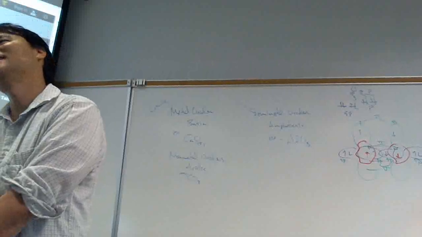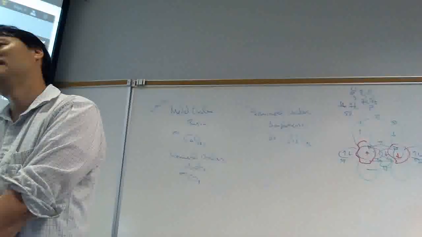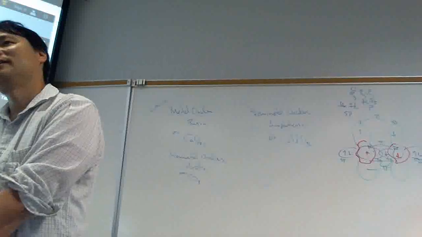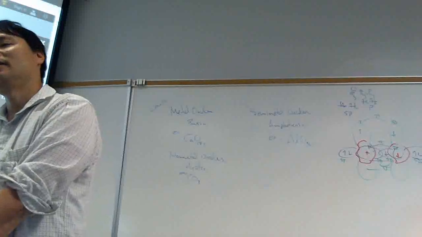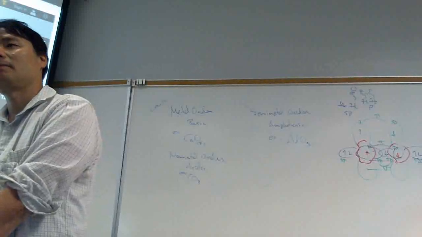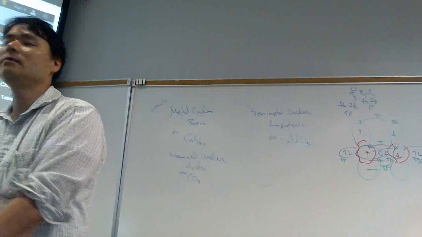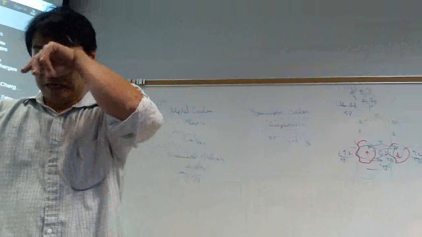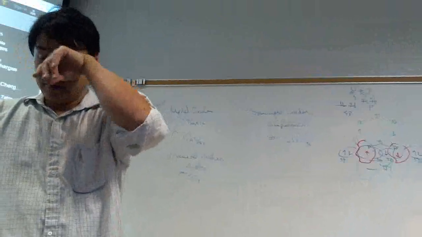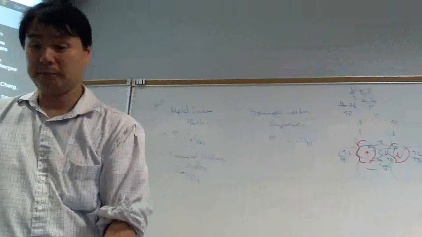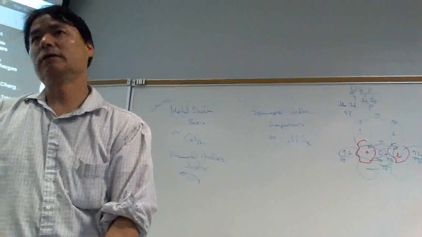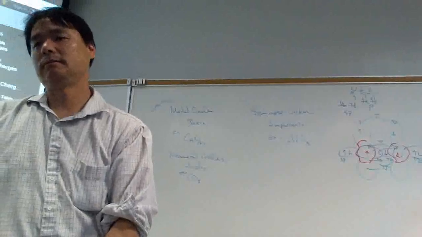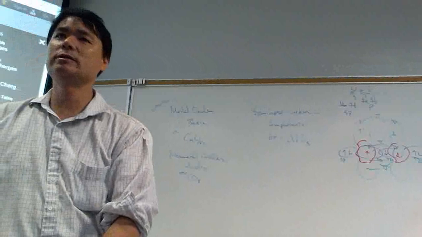Sigma star is antibonding. What about sigma versus pi? It's the same thing with valence bond theory. What's better, sigma or pi electron density? Sigma. Why is sigma better electron density than pi? Internuclear axis. Yeah. And so sigma 2s is the answer.